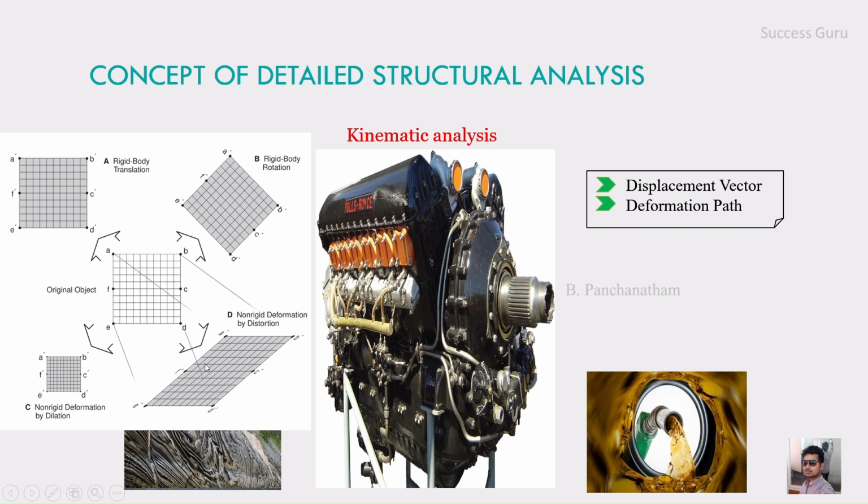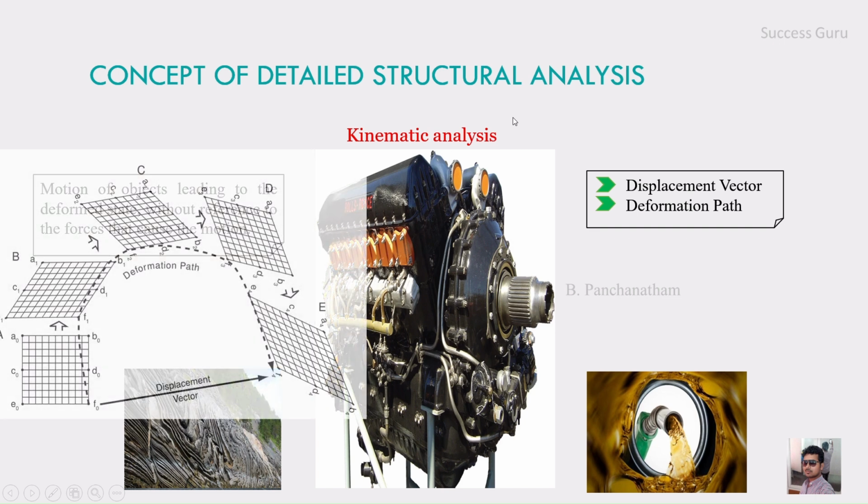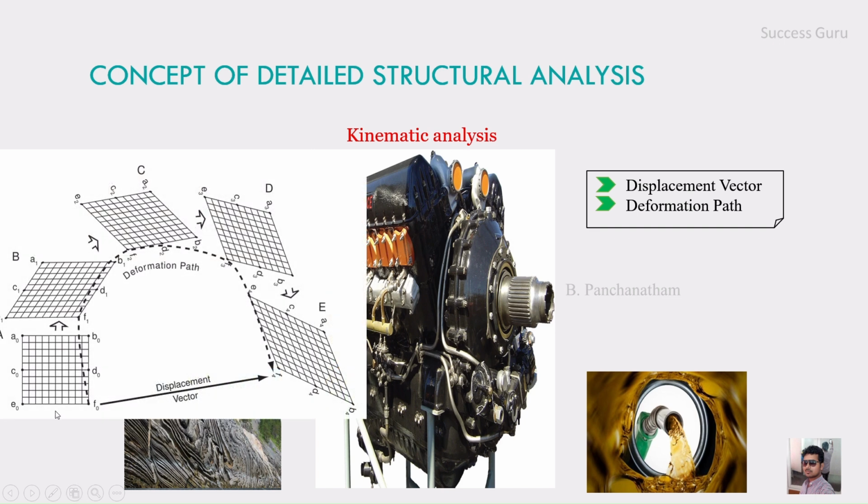We'll take this as an example, where point A has moved from here to here and point B from here to here, whereas C, D, E and F, all those four points, have moved in different directions with different intensities. So the direction in which the rock moves comes under the displacement vector, whereas the deformation path explains, from the initial stage to the final stage, what different phases the rock has undergone.